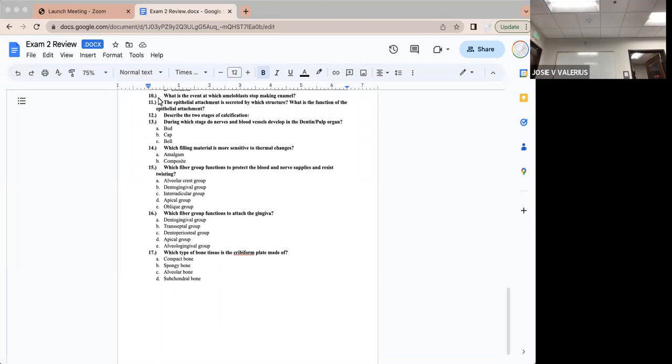Number 15 was about bone to bone. And number 16 was about the bone to the gingiva.